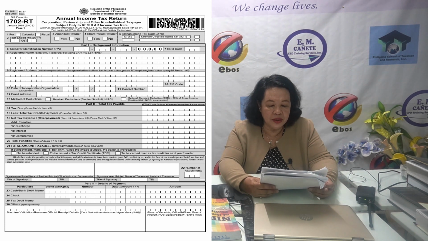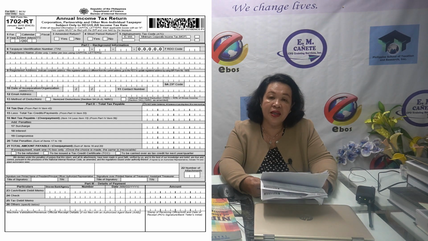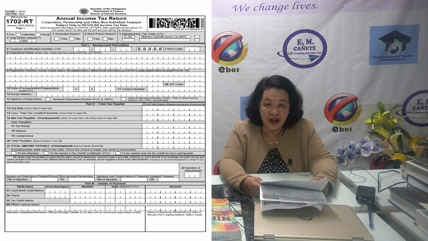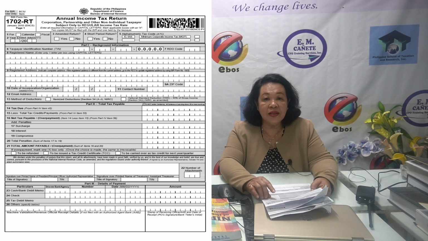And then we have Part 2, which is the total tax payable. In line number 14, we have the tax due, meaning in this case we have already computed the tax due. When we say we have computed the tax due, we already know the total sales, the direct cost that we claim, the cost of sales or cost of services, and then we already have the gross income, and then we have the deductions.